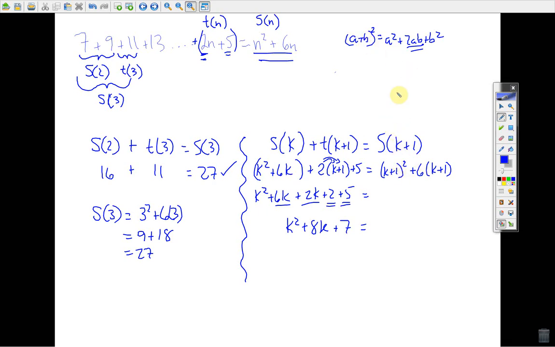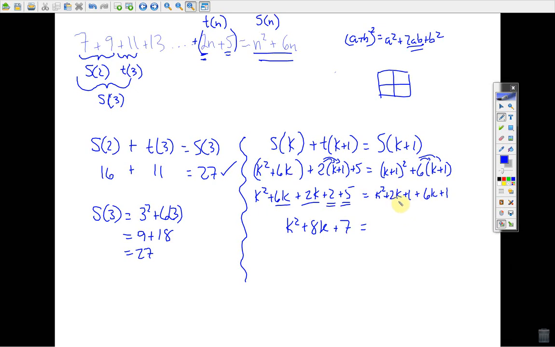That's the shortcut method rather than writing out the area model. So if I square the first term, that becomes k squared. 1 times k is 1k, and I double it, so it becomes 2k. And plus 1 squared, which is just 1. Distribute the 6, so that's plus 6k plus 6.